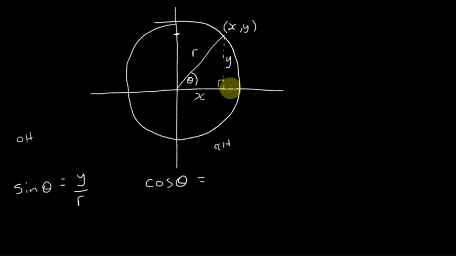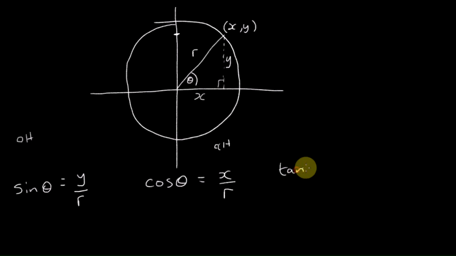Of course, this whole line is equal to r, because if you were to measure this line, the radius is r all the way around the circle. But we don't want this little gap here. We just want from there to there, which is what we've called x. So anyway, adjacent, which was x, over the hypotenuse r. So there's cos theta equals x over r.